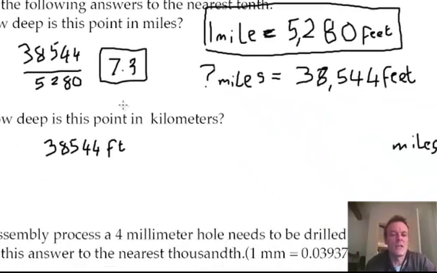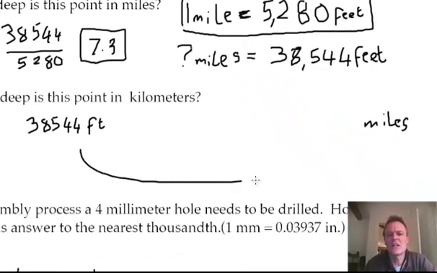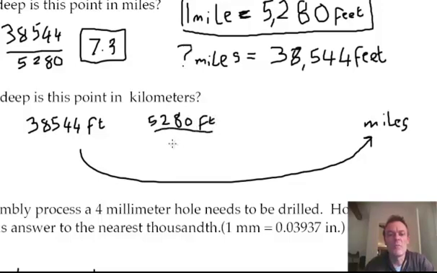Right, but here's another way of looking at it. How do I go from feet to miles? Well, we can use what's called unit fractions, and it really is just writing it like this. I know that 5,280 feet is 1 mile.